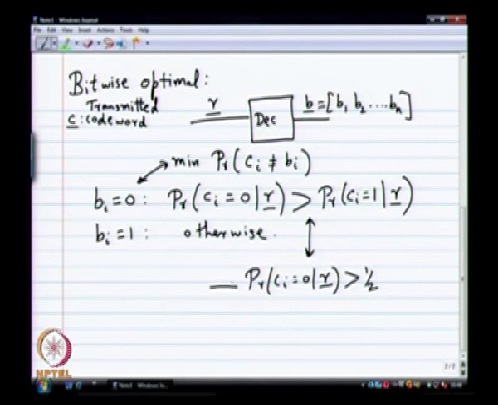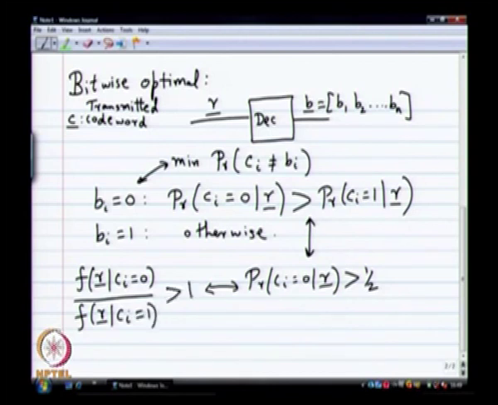And this is also the same as what I called the likelihood ratio, which is f of R given Ci is 0 divided by f of R given Ci is 1 is greater than 1. In this step you have to assume equally likely messages. So, you have to say C is equally likely.